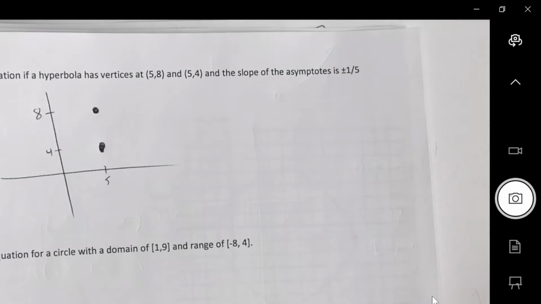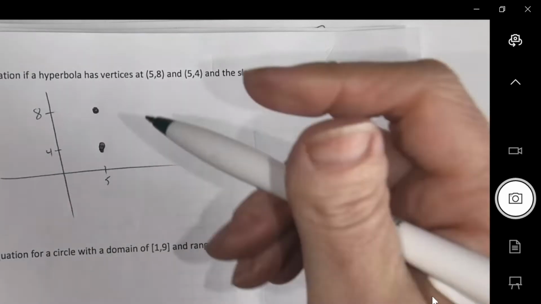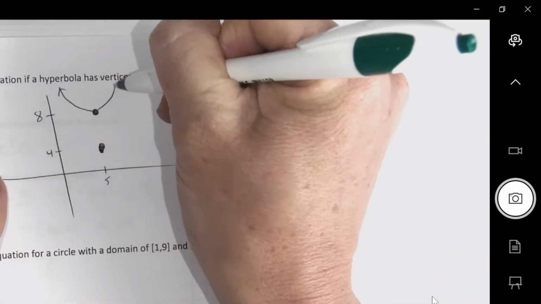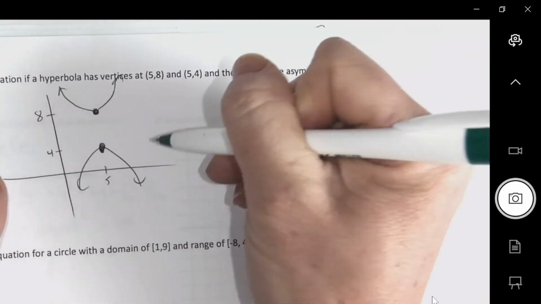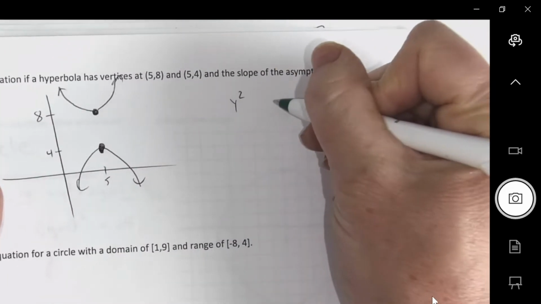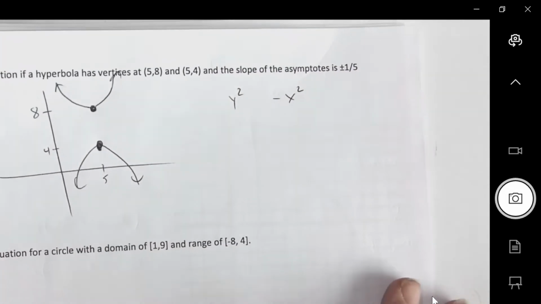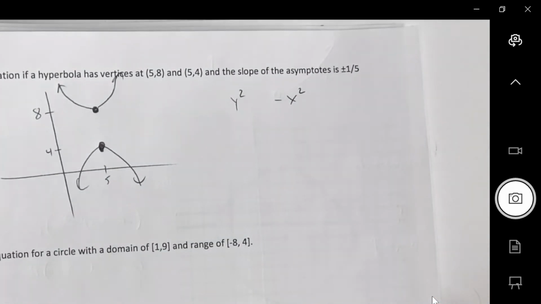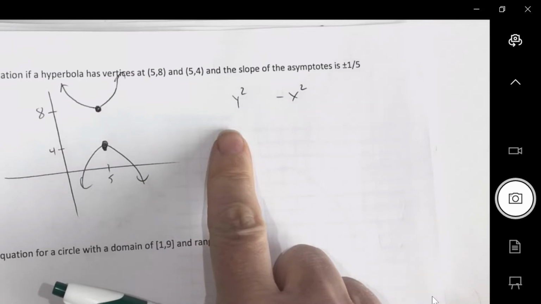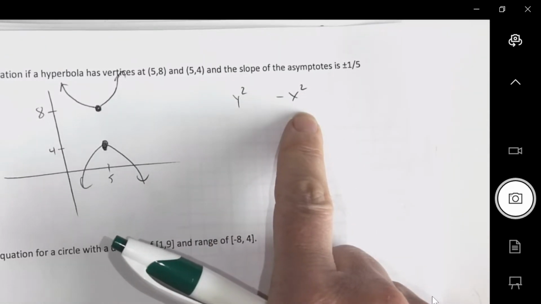So which direction is this opening if those are my vertices? So I already know this. I know that the y squared is the positive part and the x squared is the negative part.